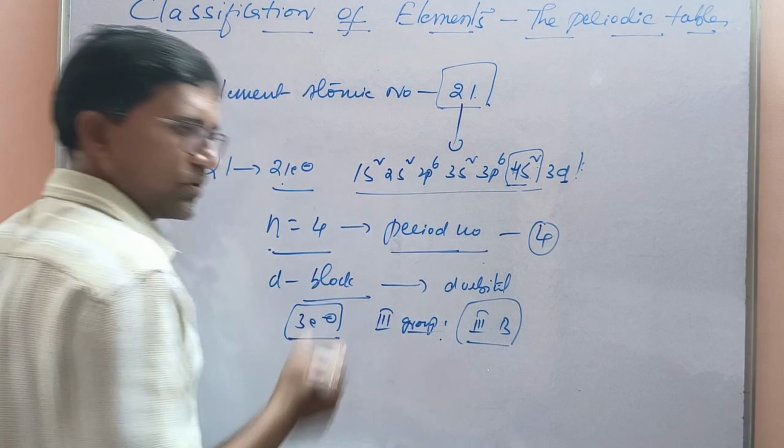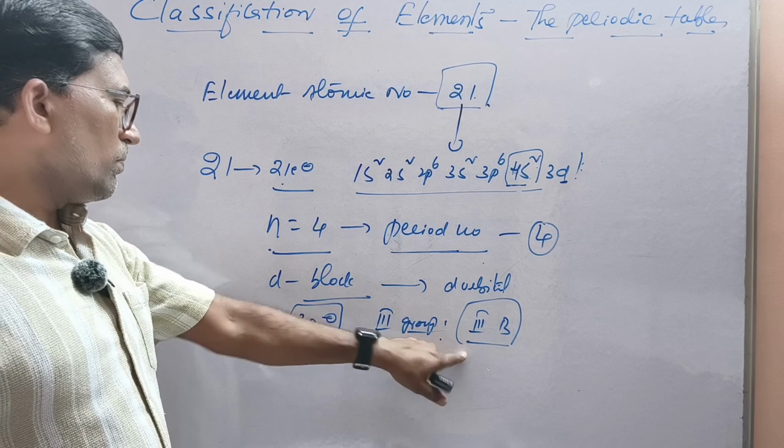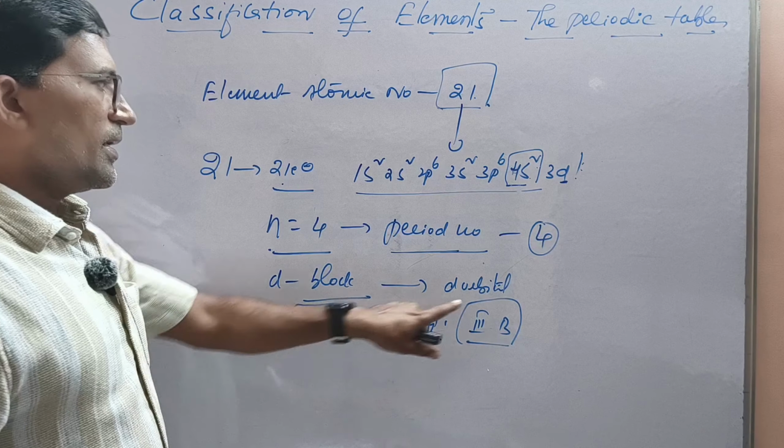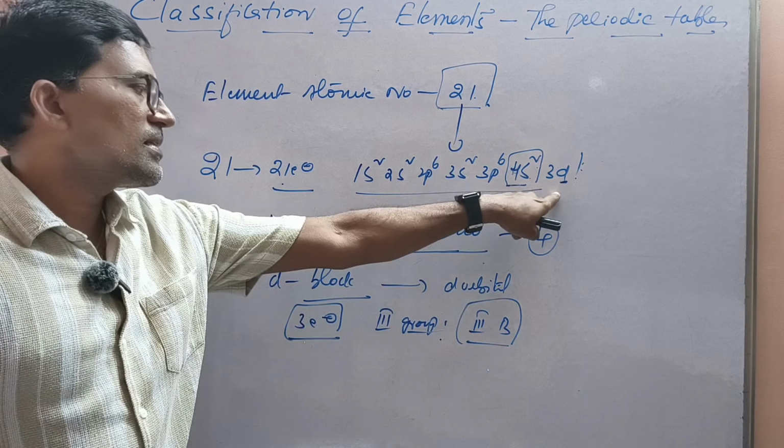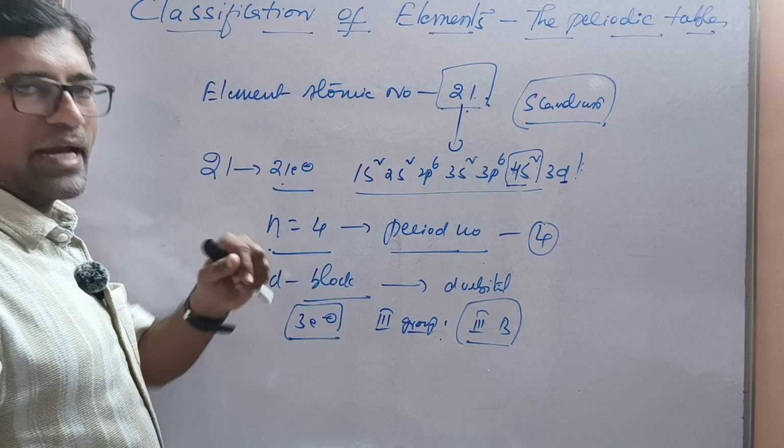So it is the third B group and d block, because the d orbital is there. D block element, third B group, and period number is 4. And I can say the element name is scandium. Atomic number 21 means scandium only.